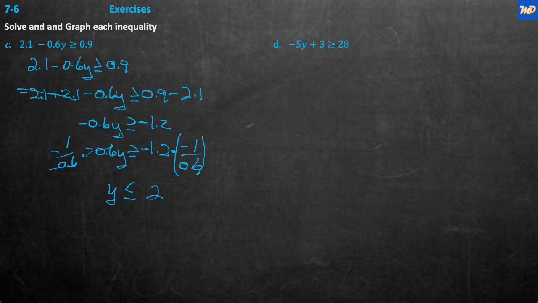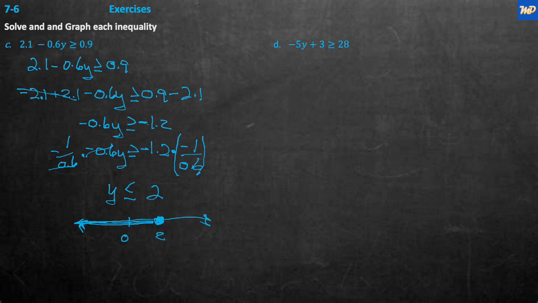So y has to be, draw our line, 2 is our number, so we're going with the 2 here, and I'll put the 0 here, and y is less than or equal, so here's the equal part, and the less than is all this stuff here. y is less than 2.